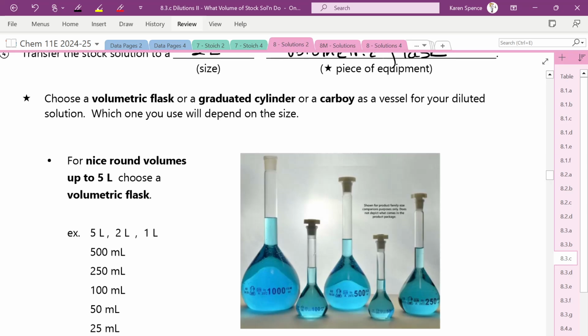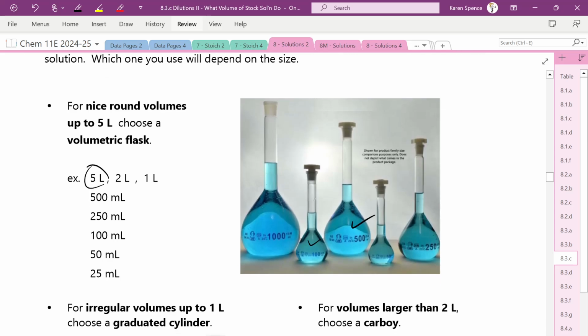We can find lots of nice volumetric flasks: 1,000 milliliters, 500, 250, 100. You might even be able to find a 5 liter, although we don't have any here at this school. If we want 10 liters of something, we are making it in one of these.